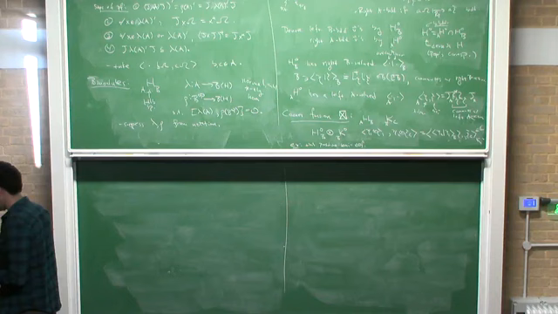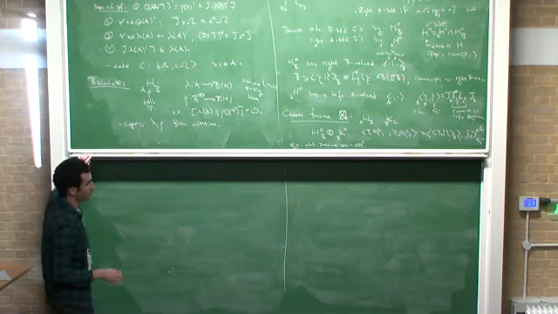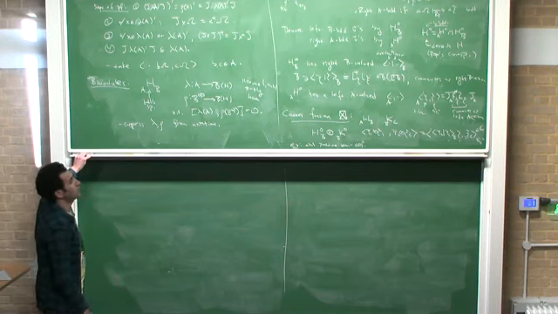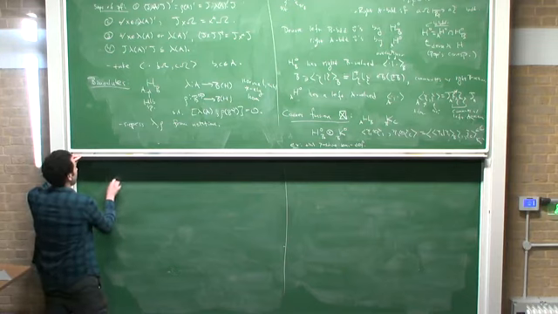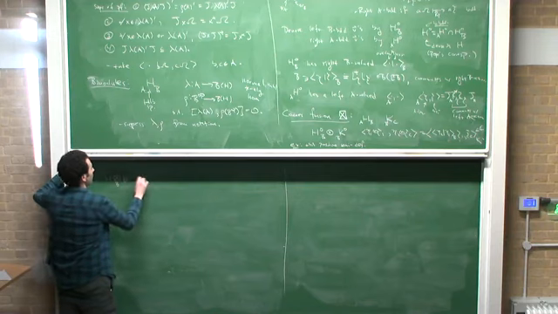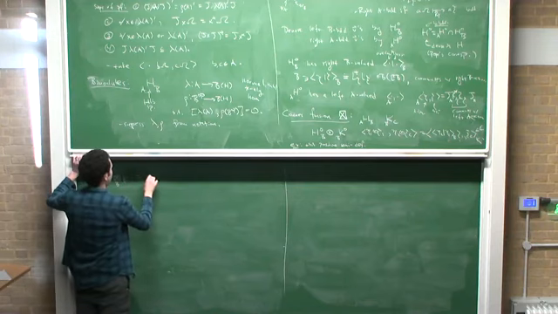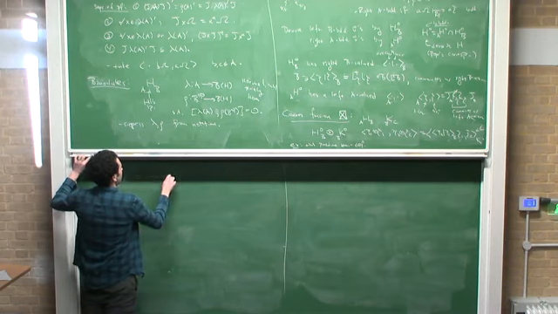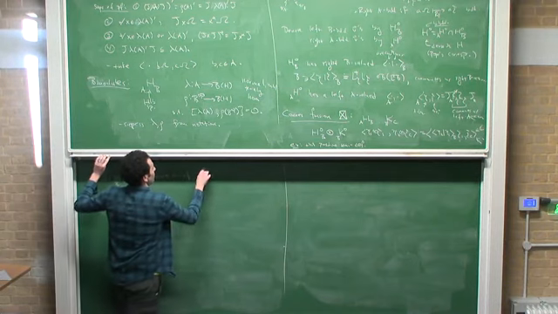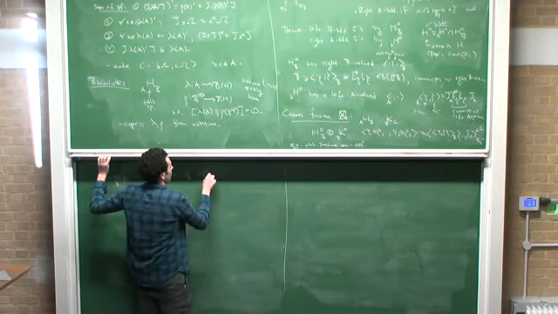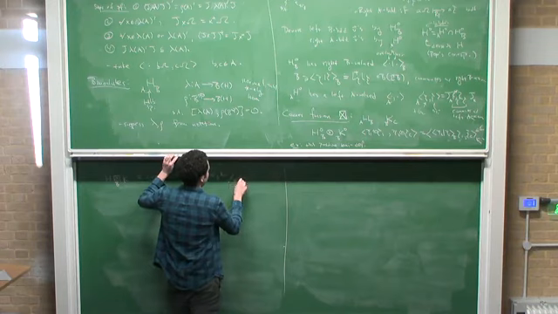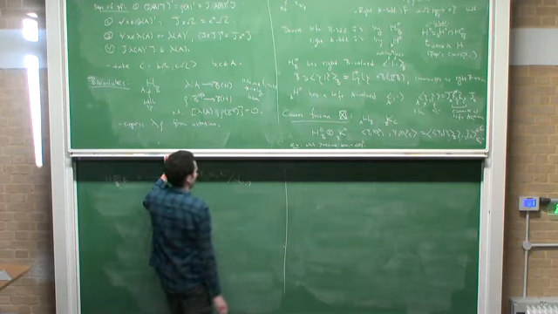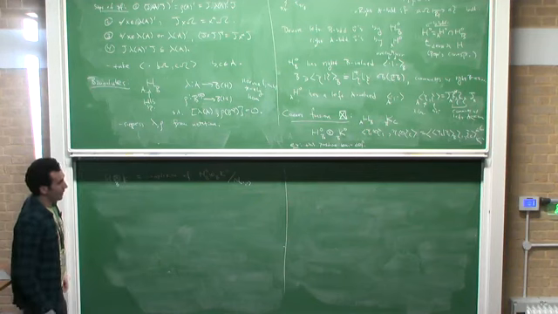In the usual GNS construction, if you don't know your state is faithful, you also have to do that. But we started with the faithful trace, so I kind of cheated a little bit. This is the completion of this modding out by length 0 vectors.